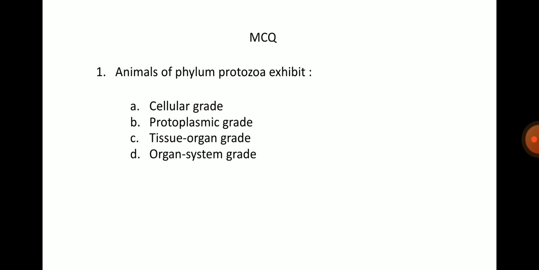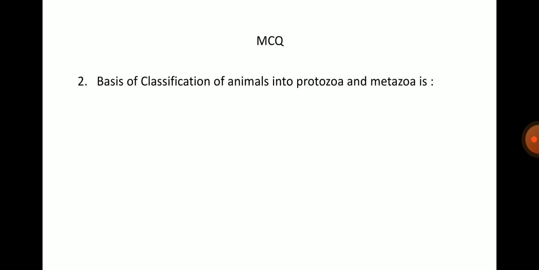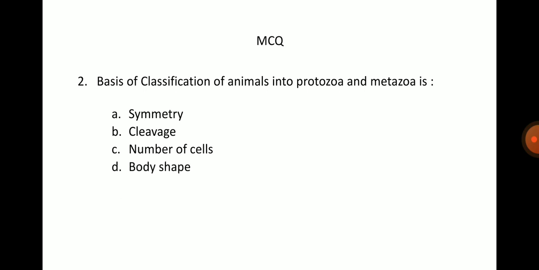So the answer B is the protoplasmic grade of body organization. The second MCQ is: the basis of classification of animals into protozoa and metazoa is A. Symmetry, B. Cleavage, C. Number of cells, D. Body shape. So option C is the correct answer, that is the number of cells.